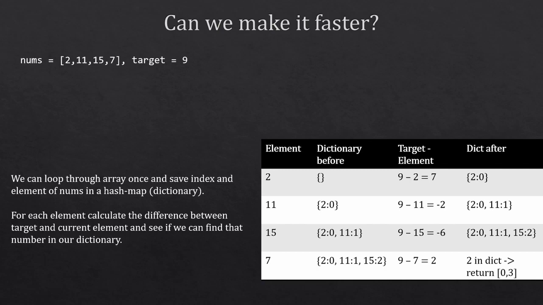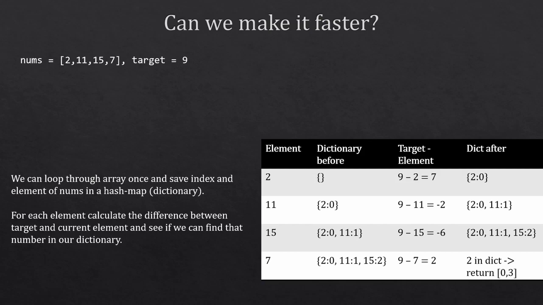Then we calculate the difference between first element and target value. In our case, first element is 2 and target is 9, so the difference is equal to 7. Then we check if 7 exists in our dictionary. Since it's empty, we can conclude that it doesn't. So we add 2 and its index 0 to our dictionary and go to the next item.